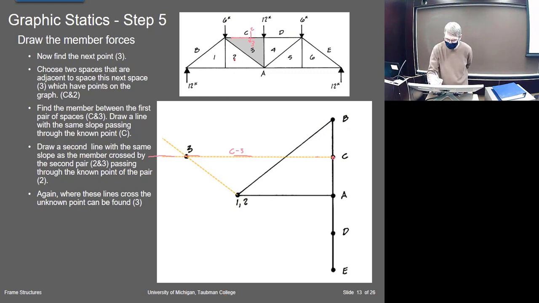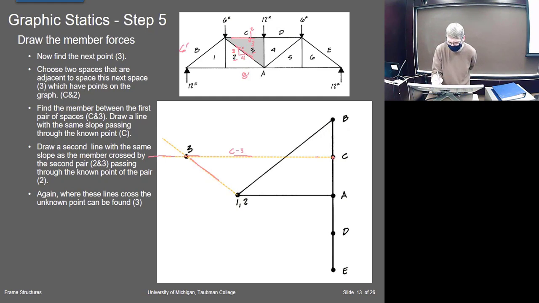And then I can go from 2 to 3, and that'll have this slope here. So I just take this slope and copy it, the same slope, right? This was 8 feet, this was 6 feet, so this is 3 to 4, right?